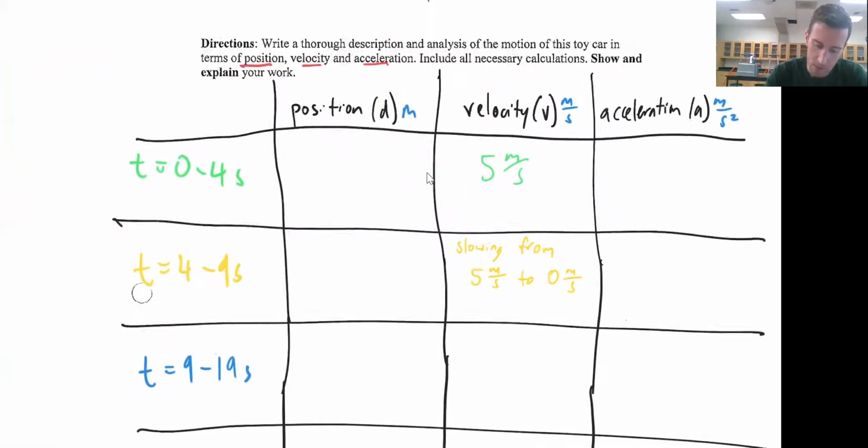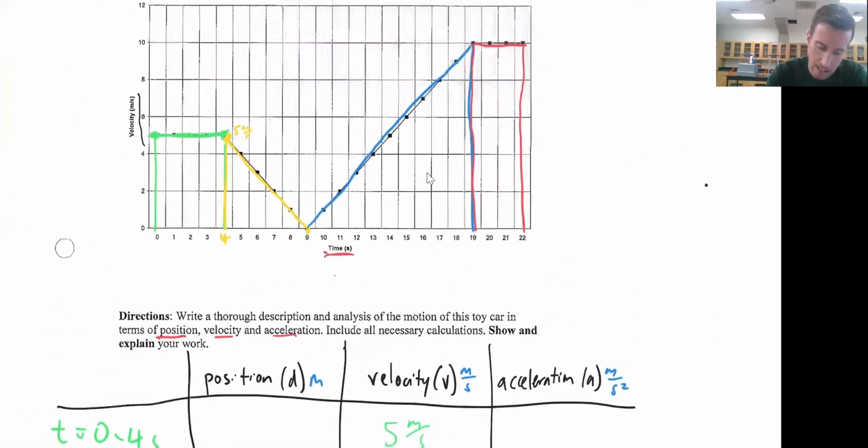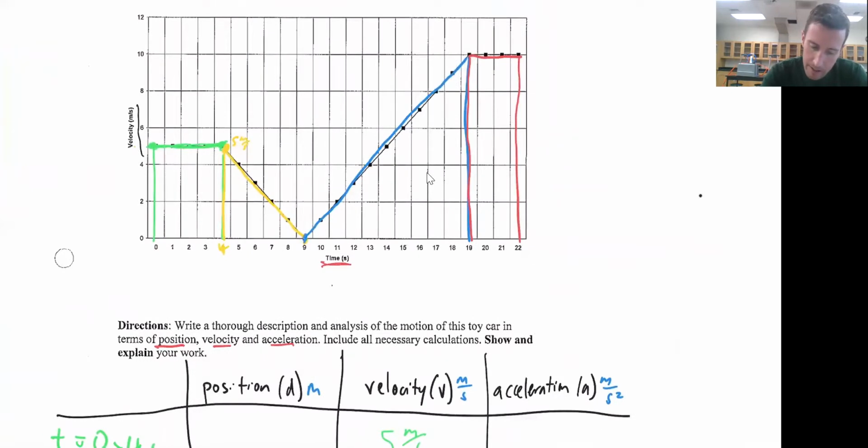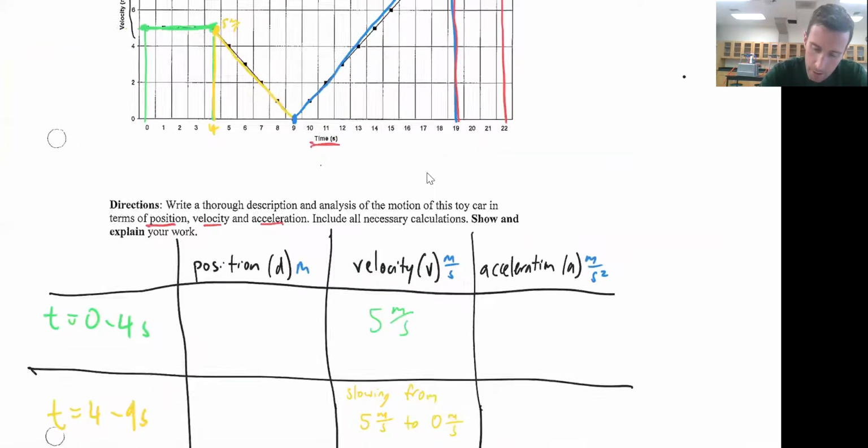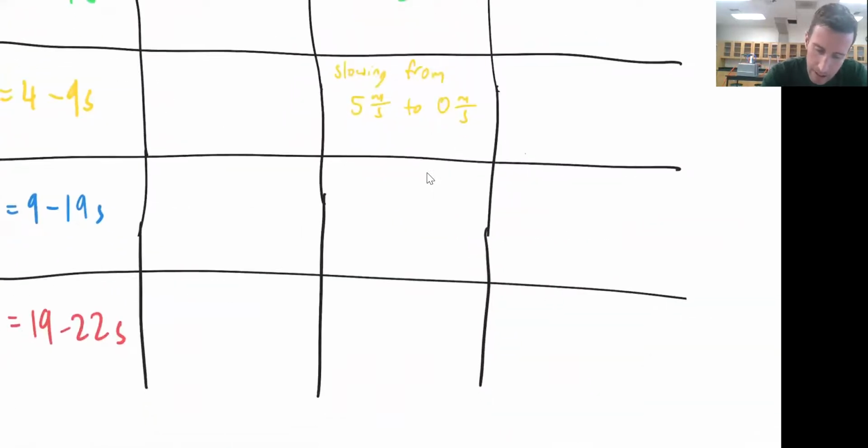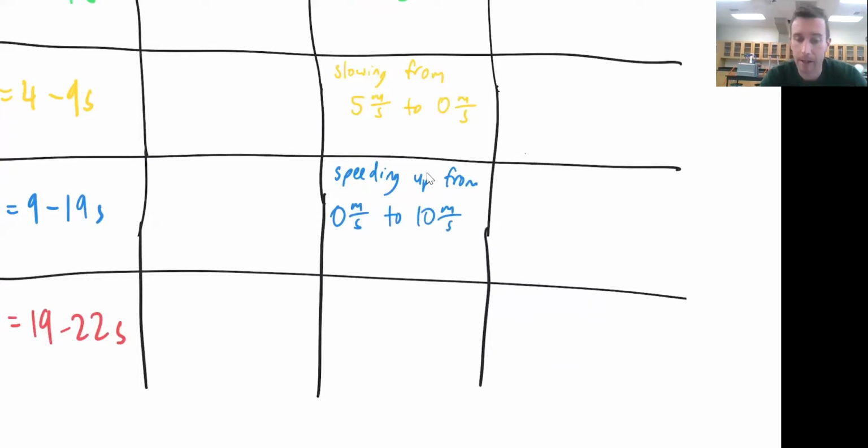Then I look at the next one from 9 to 19. It starts down at 0 and it goes up to that point there at 19, which is 10 meters per second. So my velocity for that section is speeding up from 0 meters per second to 10 meters per second during that time period.